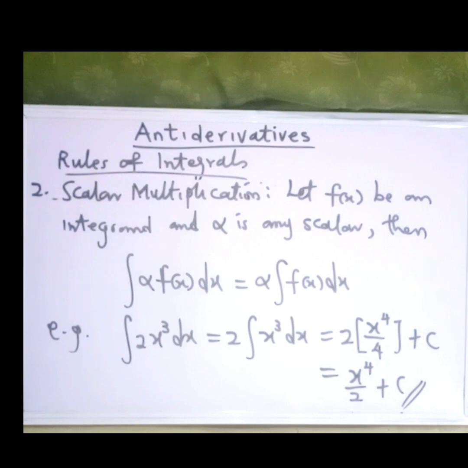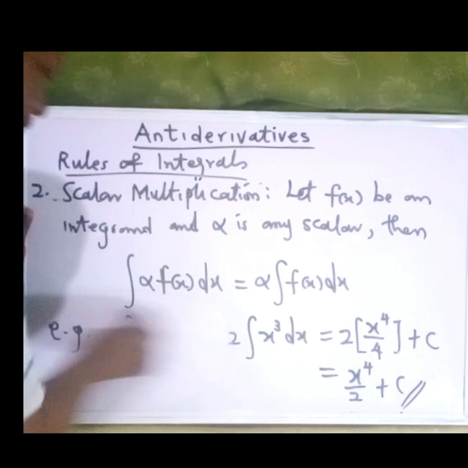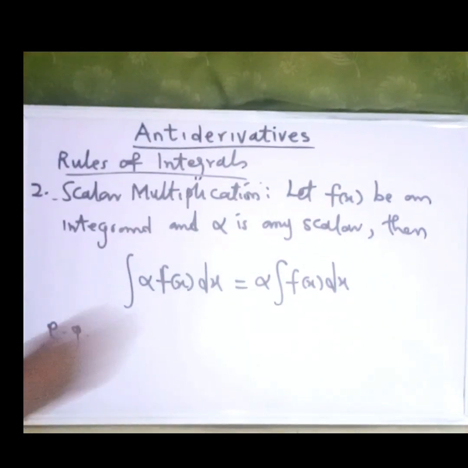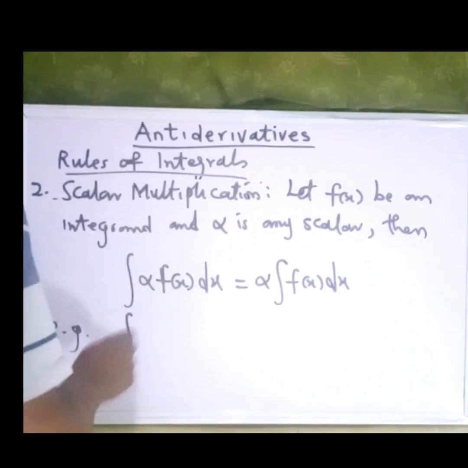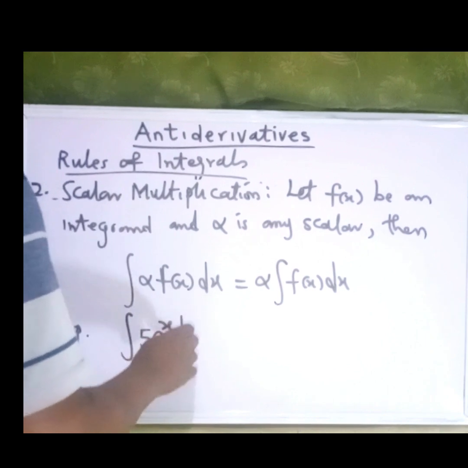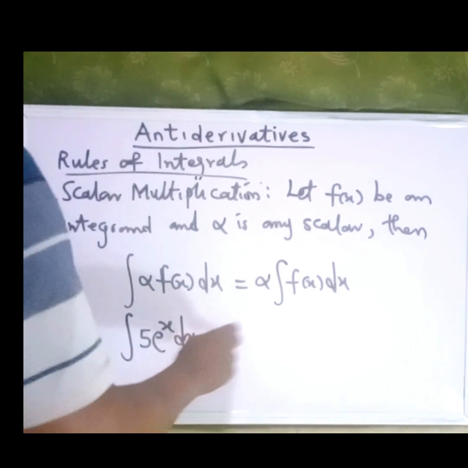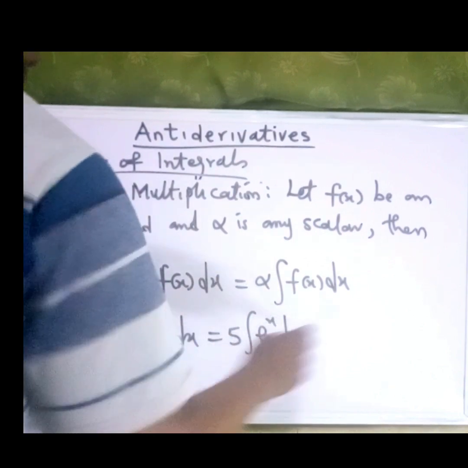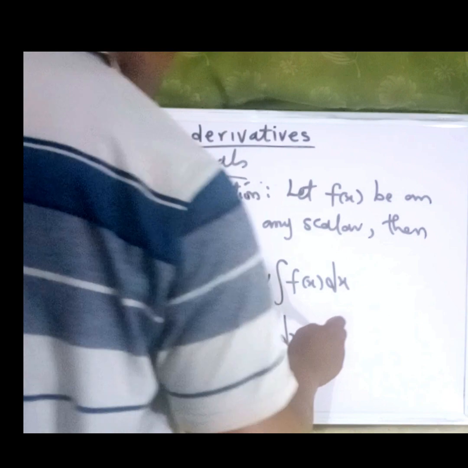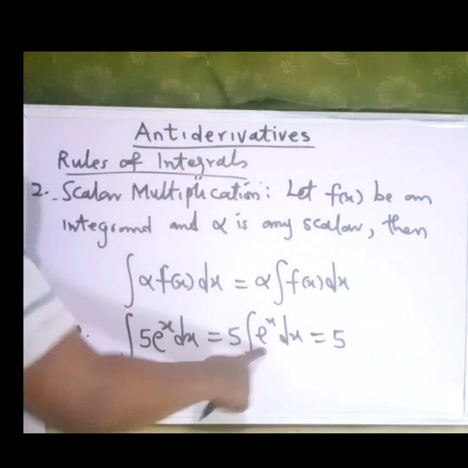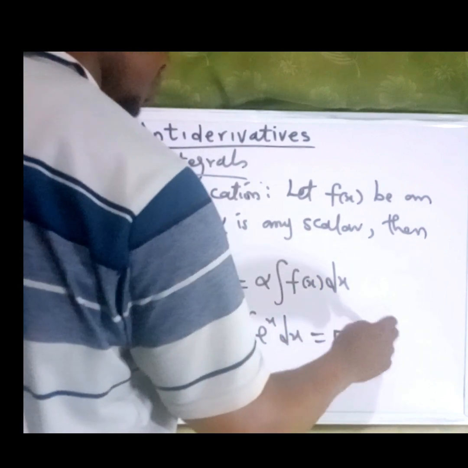So, one can consider another example. Let's see, if you have integral of 5 exponential x dx. Similarly, we can say this is this. And of course, this will be equal to, as well as on the table, the integral of exponential remains the same.